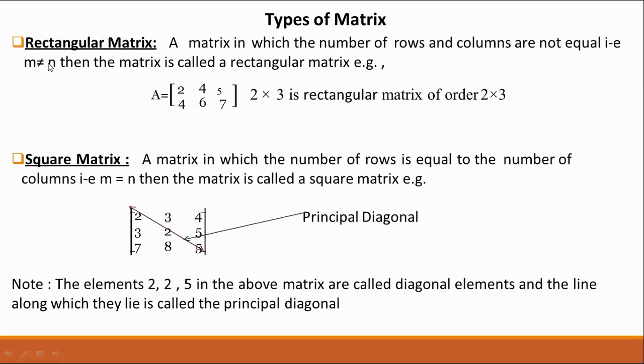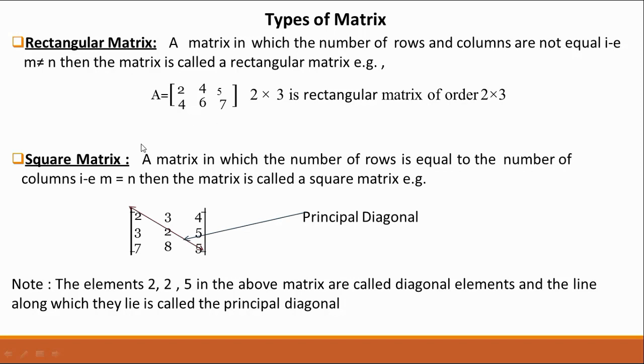If m does not equal n, meaning the number of rows and number of columns are not equal, then the matrix will be a rectangular matrix. For example, in this matrix there are 2 rows and 3 columns. So the order of this matrix is 2 by 3. From this order we notice that the number of rows and columns are not equal. So this is a rectangular matrix.